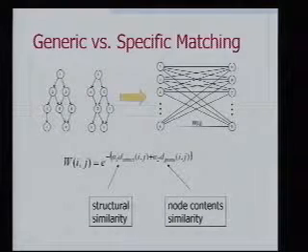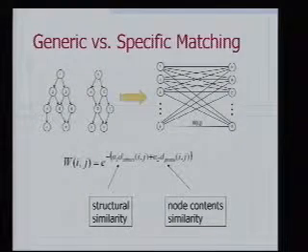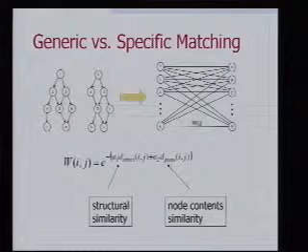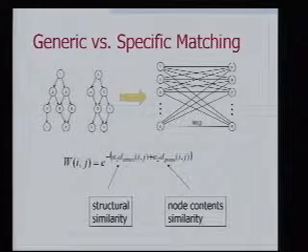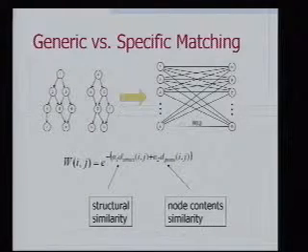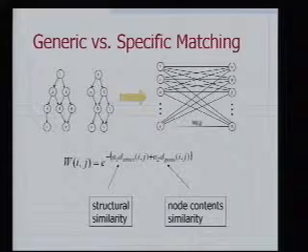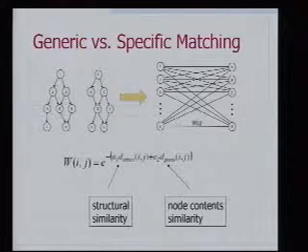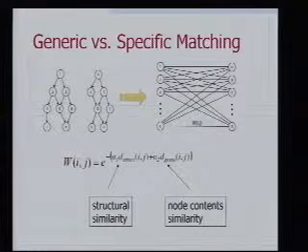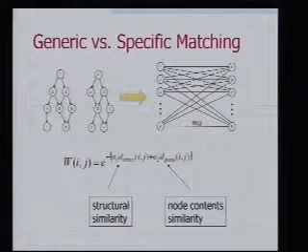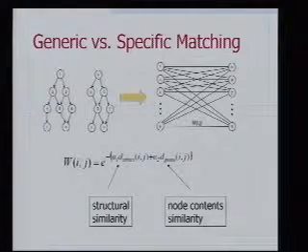Well, here's what we're going to do. The first step we're going to take, a seemingly absurd step, is to throw away all the edges of these two graphs. So we'll take this graph, we'll line up the nodes here, we'll take this graph and line up the nodes here. All the edges are gone. Okay? We're going to form a bipartite graph, which is putting an edge between all pairs of nodes, between one graph and the other.